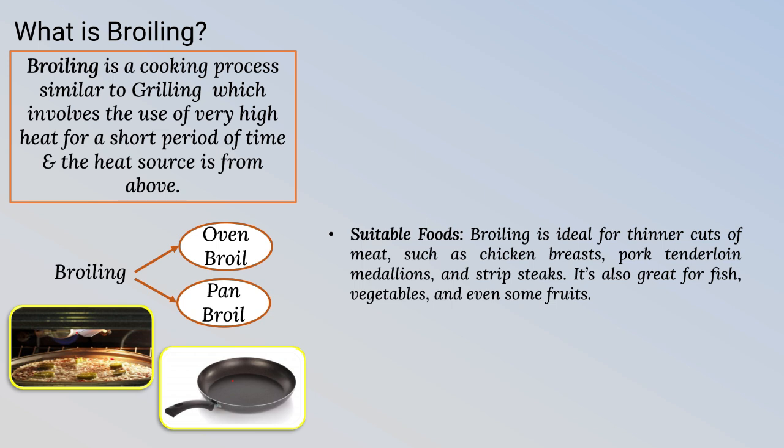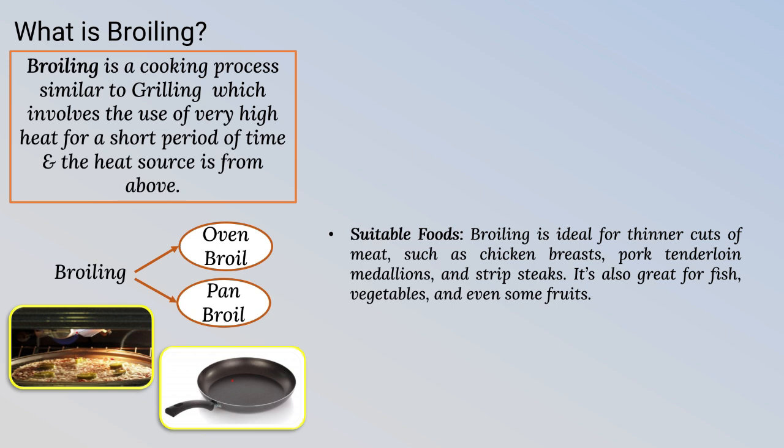What are the suitable foods for that? Broiling is ideal for thinner cuts of meat. Why thinner cuts? The logic is very high heat and a short span of cooking, that's why you need a very thin cut of meat. Such as chicken breast, pork tenderloin, medallion. What is medallion?